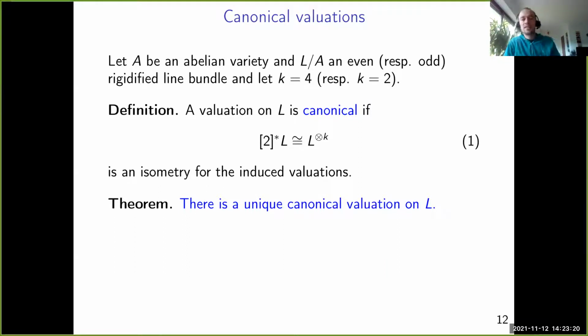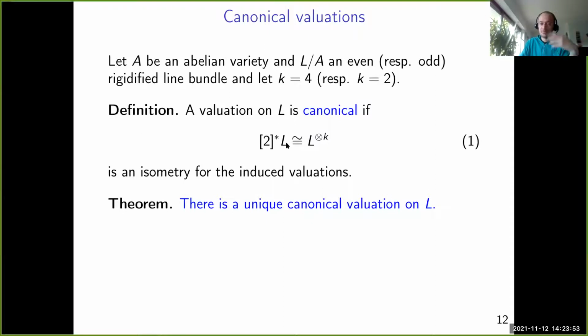If A is an abelian variety and L is a line bundle on A, for now let's restrict to even, by which I mean symmetric, or odd, anti-symmetric line bundles, which I rigidify at the origin. Then I call a valuation on L canonical if this isomorphism here, where K is either 4 or 2, depending on whether L is even or odd, is an isometry for the induced valuations.